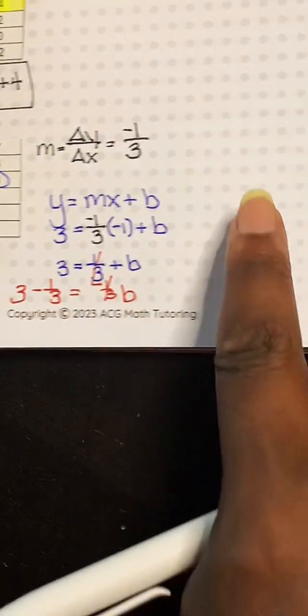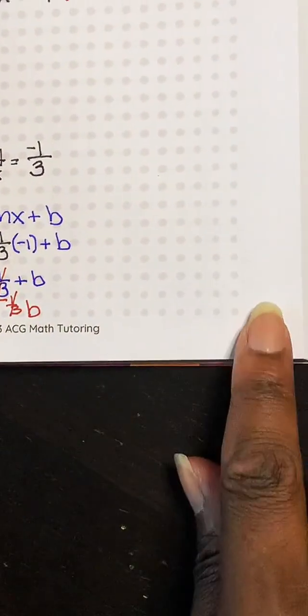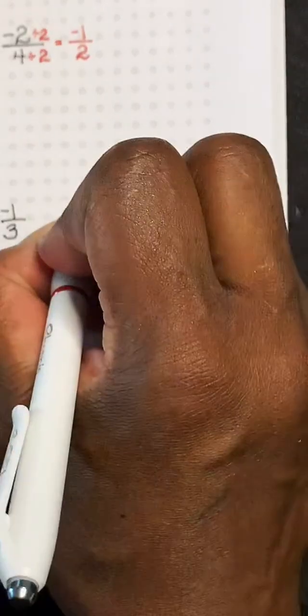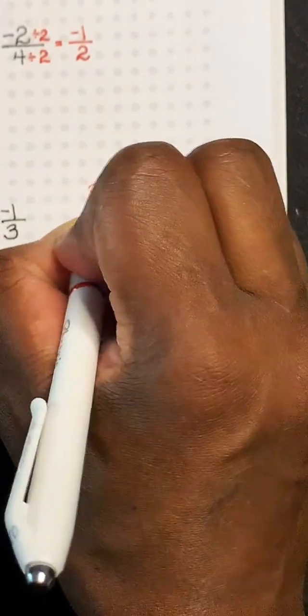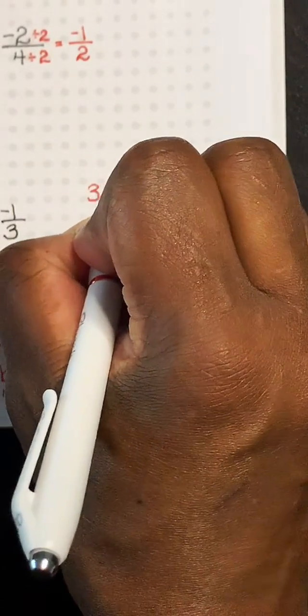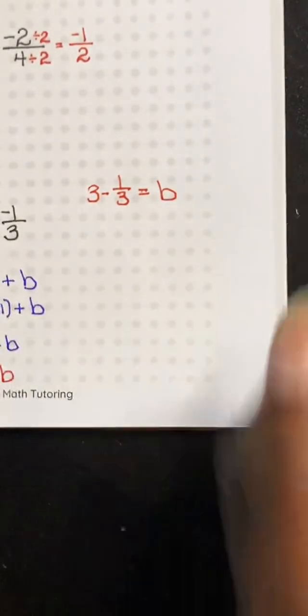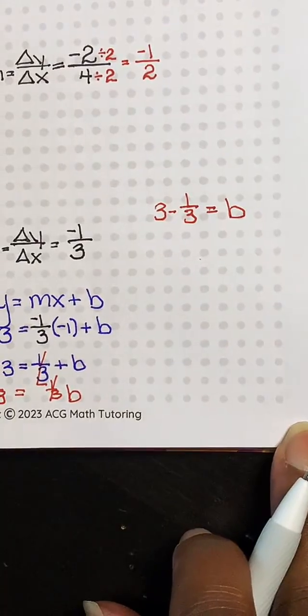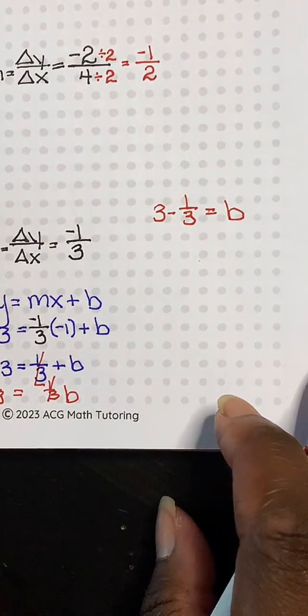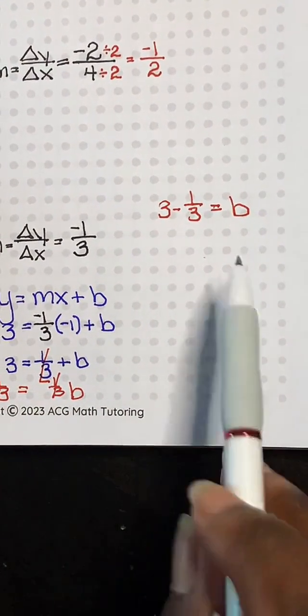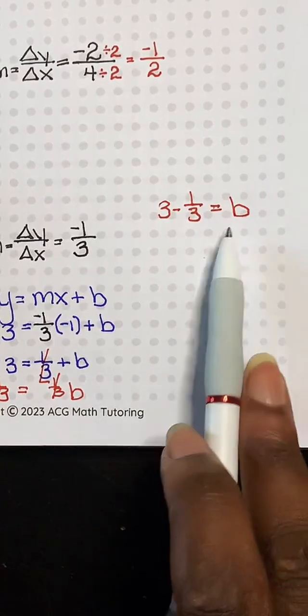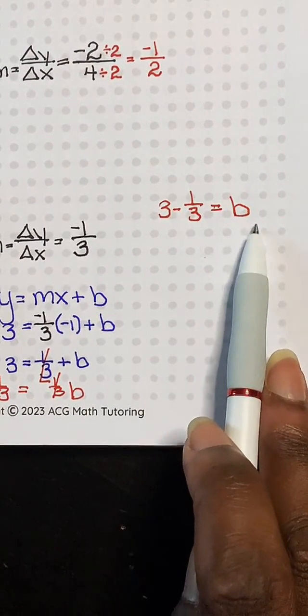I'm going to transfer this over here to give myself a little more room. So I'm just going to rewrite it right here. 3 minus 1/3 equals b. Okay. The reason why I subtract that 1/3 is I wanted to get b by itself. Now the b is by itself.